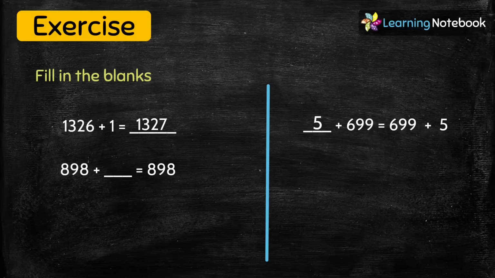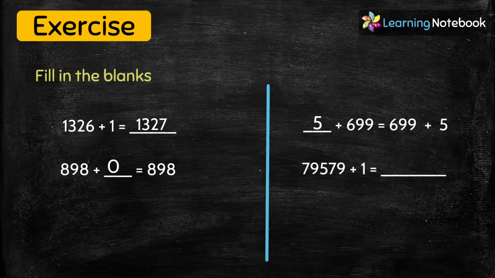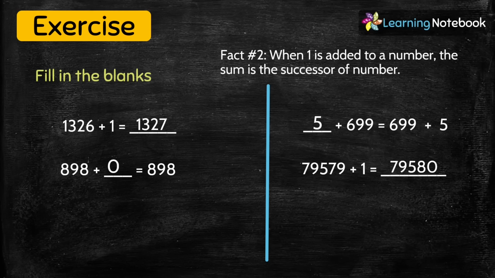Next question is 898 plus dash equals to 898. So what would be the answer here? Yes, it is 0 because according to addition fact 3, when 0 is added to a number, the sum is the number itself. Next one is 79579 plus 1 equals to dash. Answer would be 79580 because of addition fact number 2.